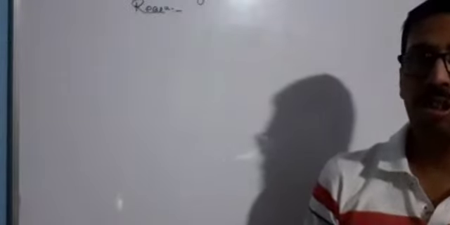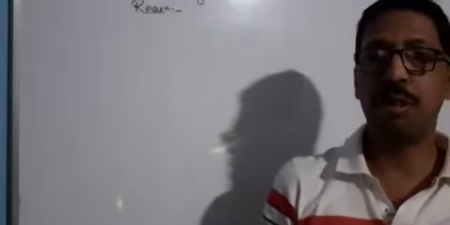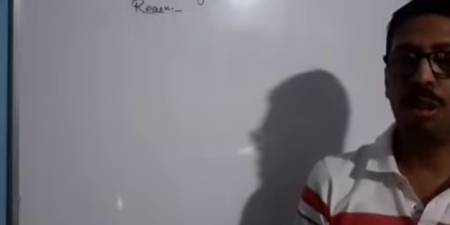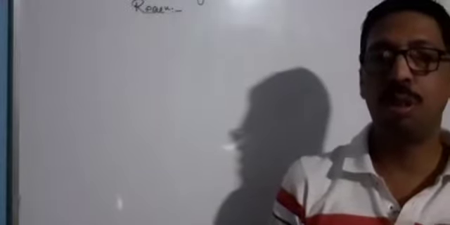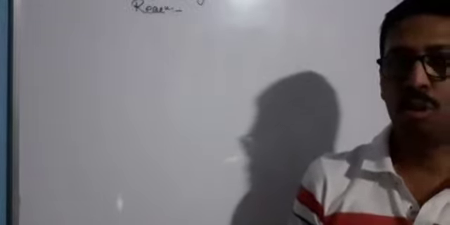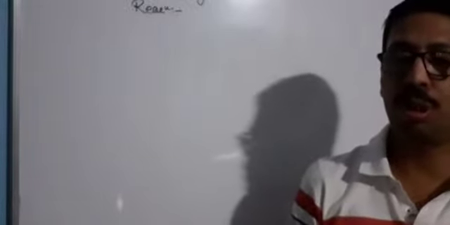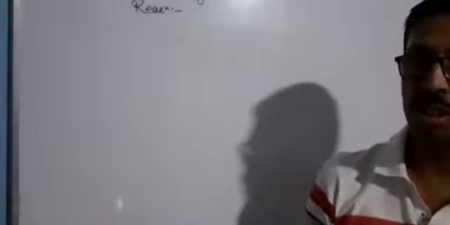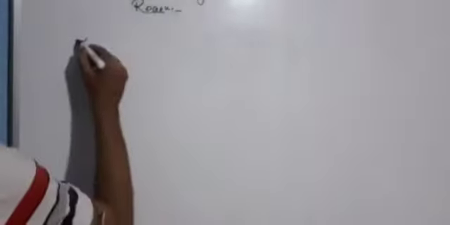In this particular series of organic chemistry lectures, we will touch all the types of reaction with their mechanism. So first I'll start with the addition reaction. What is addition reaction? Let's see.